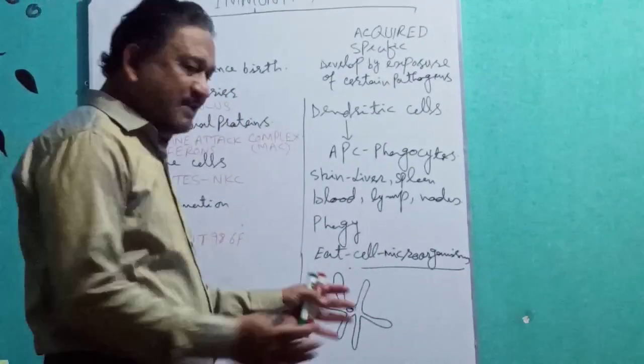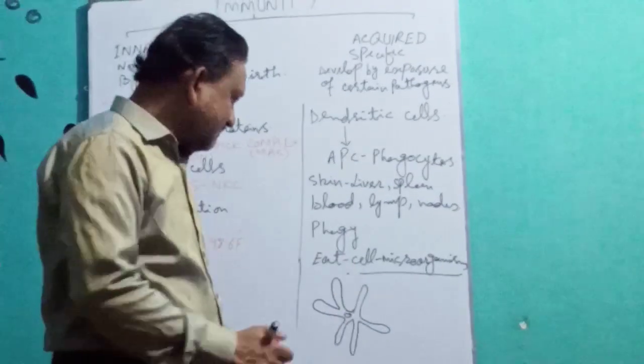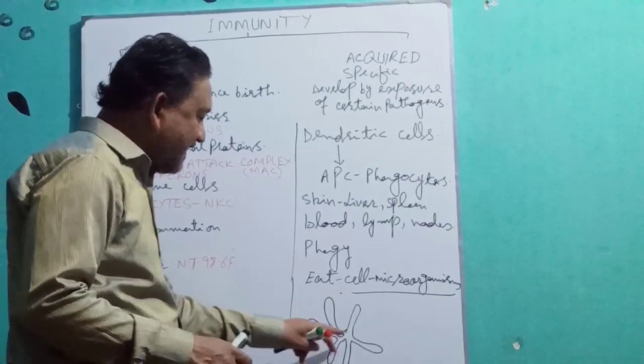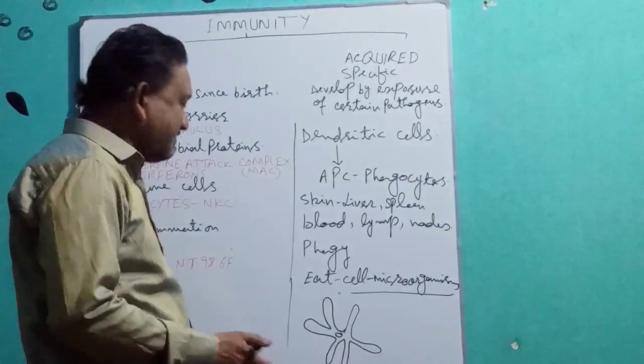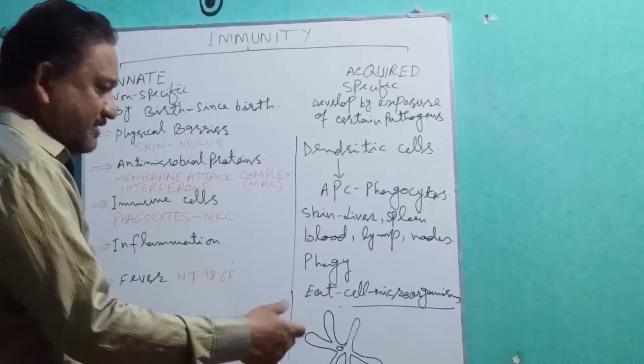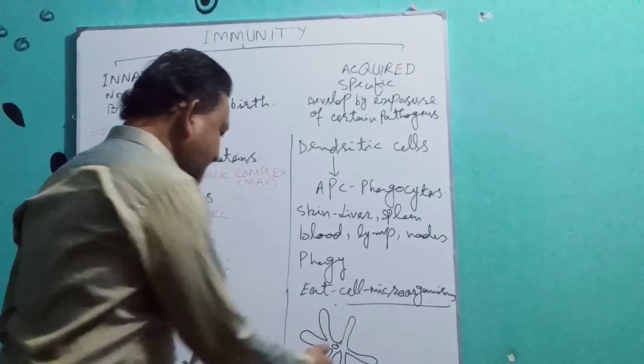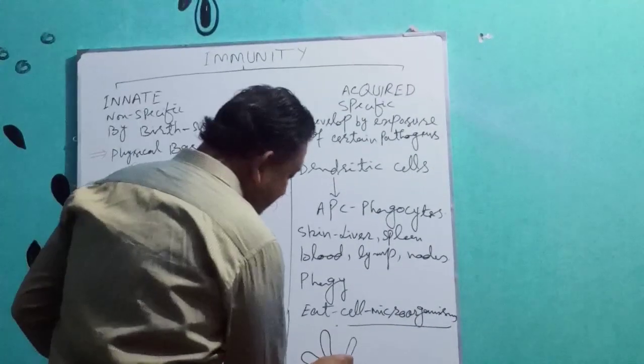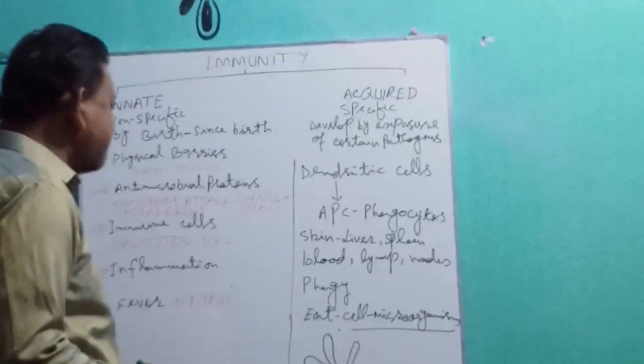The dendritic cells engulf the microorganisms and kill them, and they have some lysozyme enzymes which diffuse into the bacteria and viruses they have ingested in their cytoplasm.